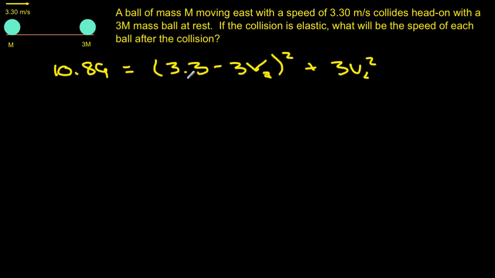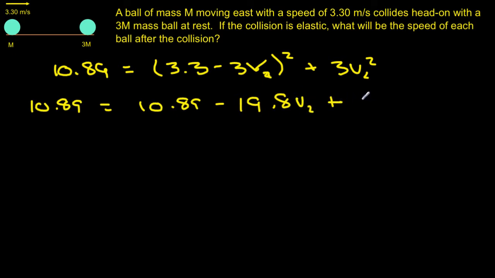So now we have to square or FOIL this term in the middle. So we will get 10.89 equals 10.89 minus 19.8 v2 plus 9 v2 squared plus 3v2 squared.